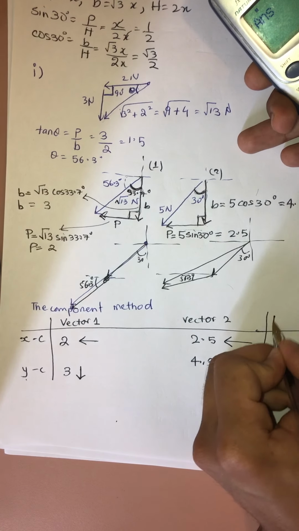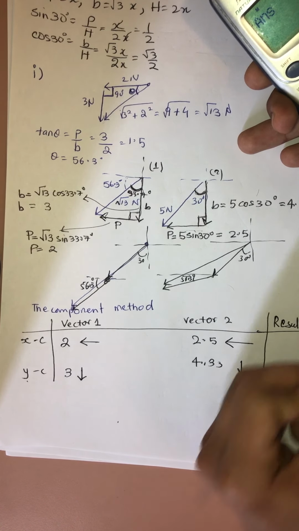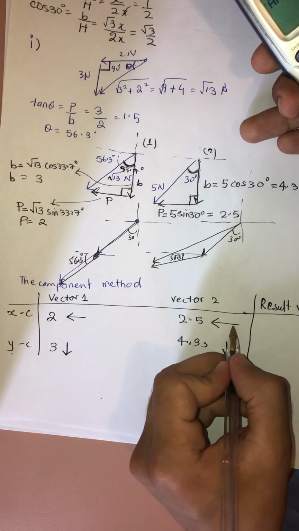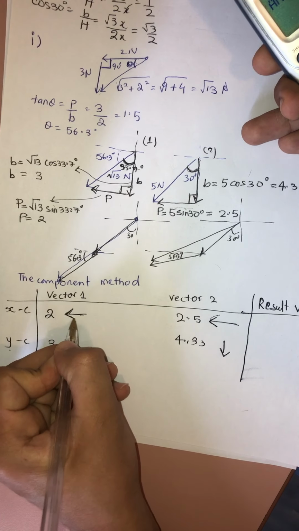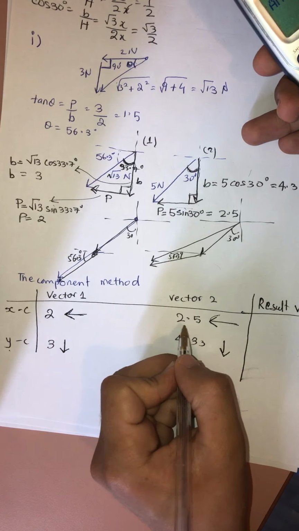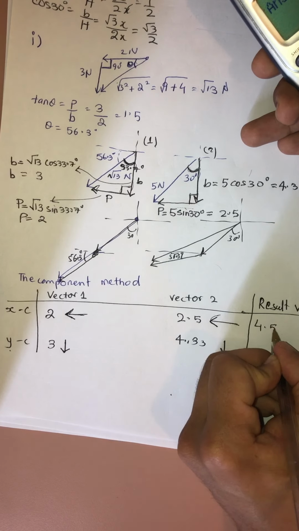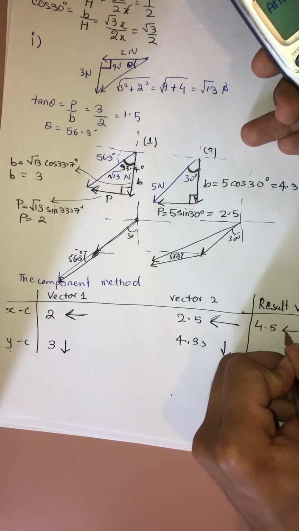Now the resultant vector: because they are both in this direction, you can easily add them. 2 plus 2.5 is 4.5, and the resultant will also be in this direction.